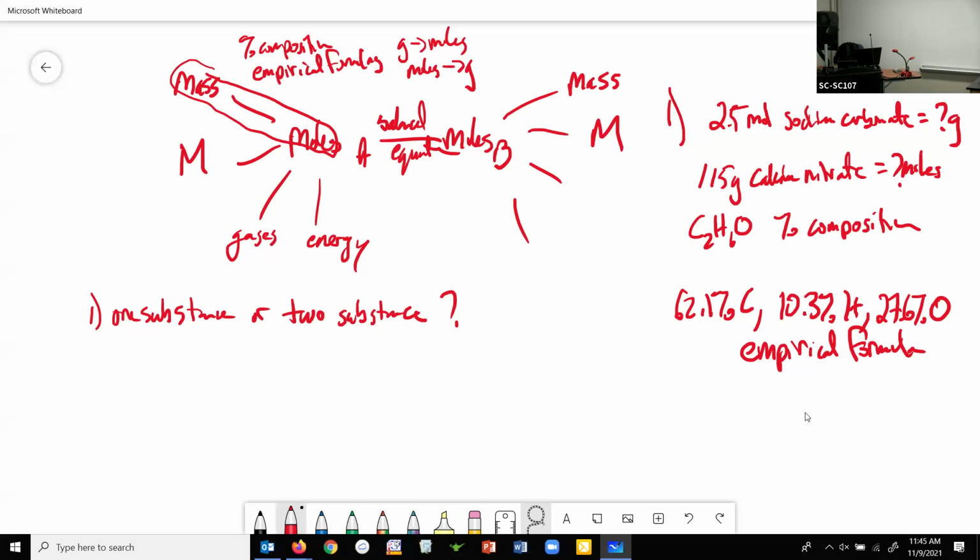Add up the weights and everything, and then, yeah. So like here, 2.5 moles of sodium carbonate.